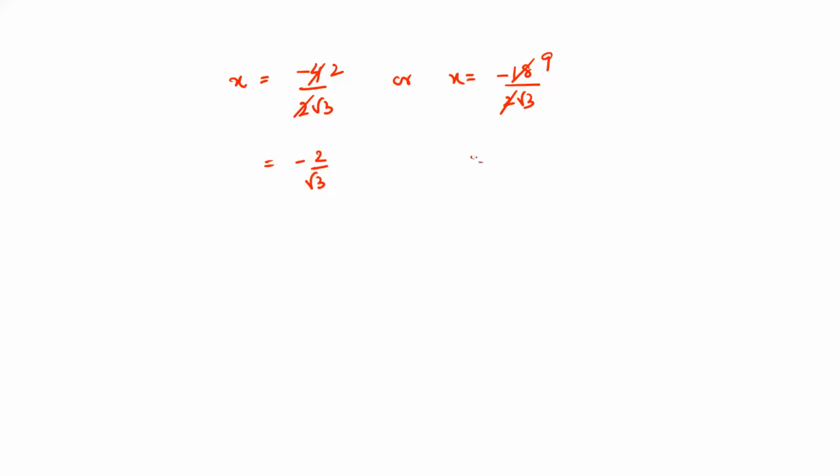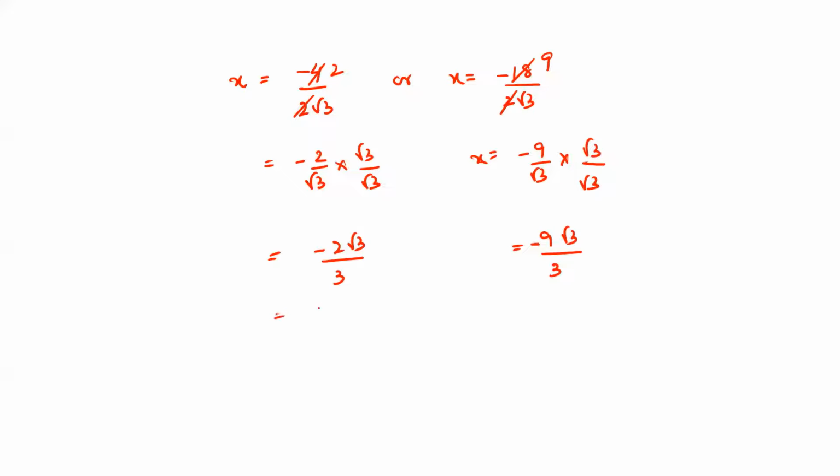but we see that there is an irrational number in the denominator. Rationalize it. Whenever there is an irrational number in the denominator, rationalize it. Minus 9 root 3 by 3. Yeah, minus 9.